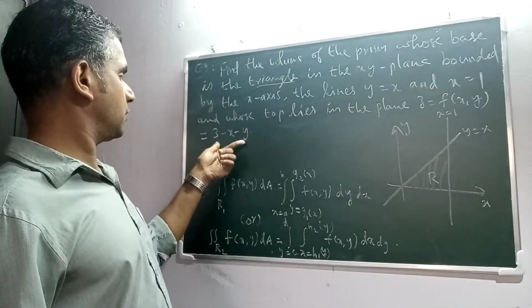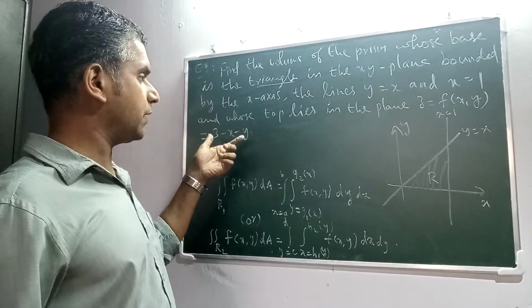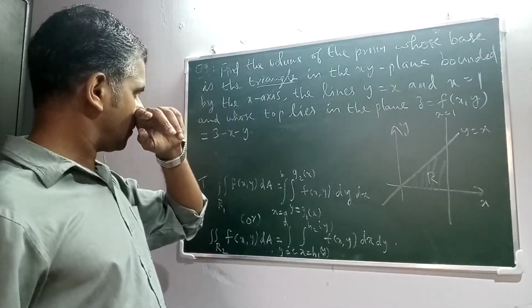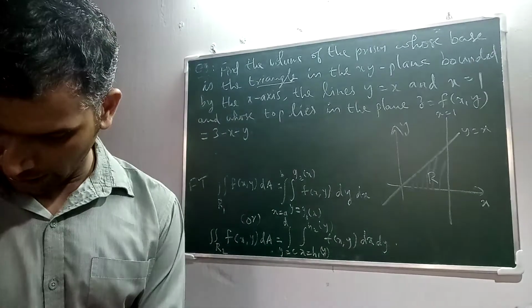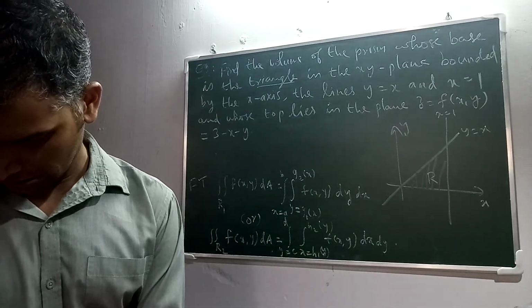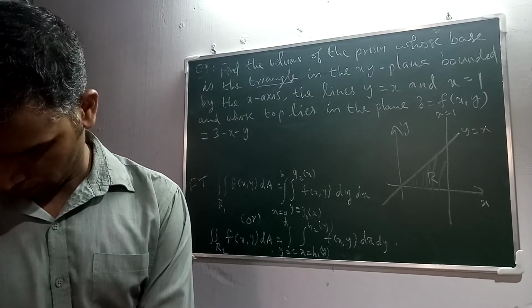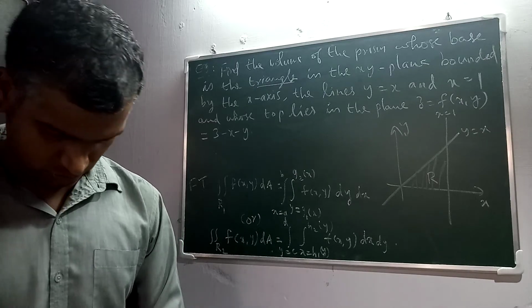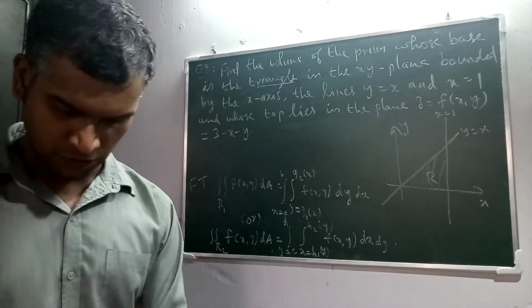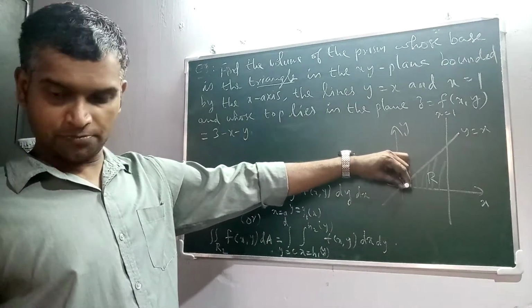So this is a plane. f of x comma y equal to 3 minus x minus y is a plane. So how will that plane look like? So assume we have a z axis. Yeah, suppose this is the z axis.